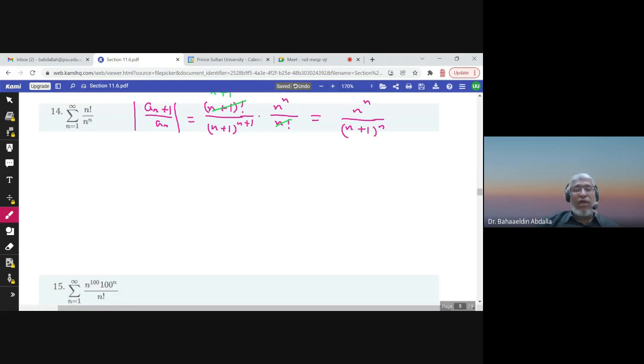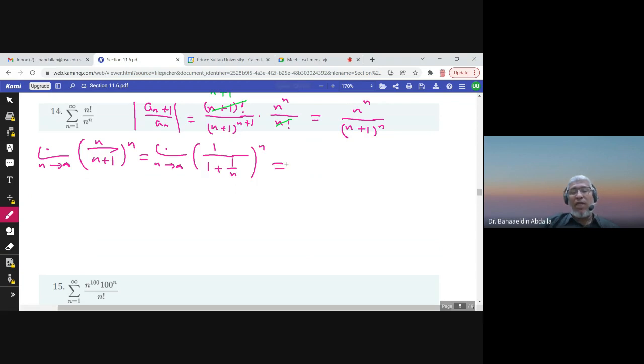And now to find the limit when n goes to infinity of (n/(n+1)) to the power n, if I divide the numerator and the denominator by n, I will have 1 over (1 + 1/n) to the power n. And this is in fact 1 to the power n, which is 1.